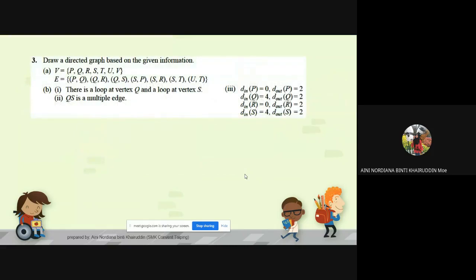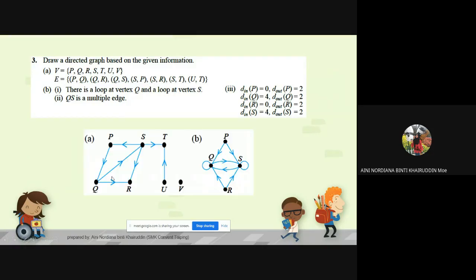Next, question number 3. Draw a directed graph based on the given information. So V is P, Q, R, S, T, U and E is PQ, QR, QS, SP, SR, ST and UT. So this is the answer for A. The vertex P, Q, R, S, T, U. Okay, this is the vertex.